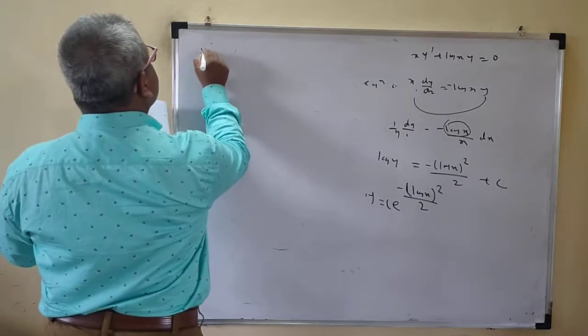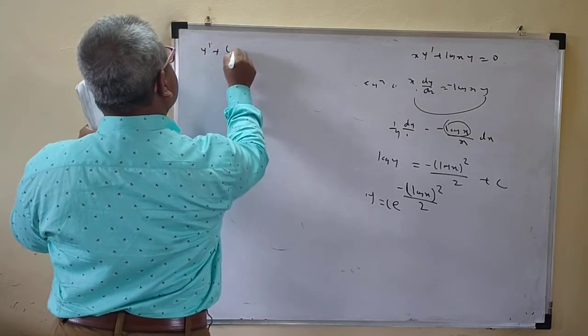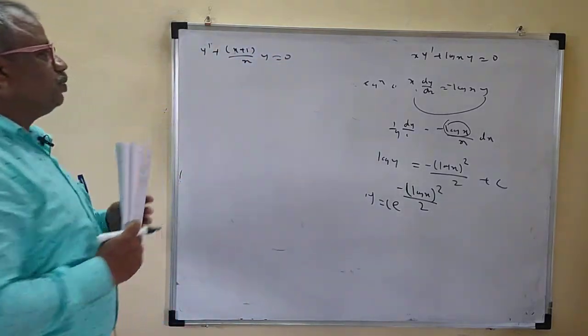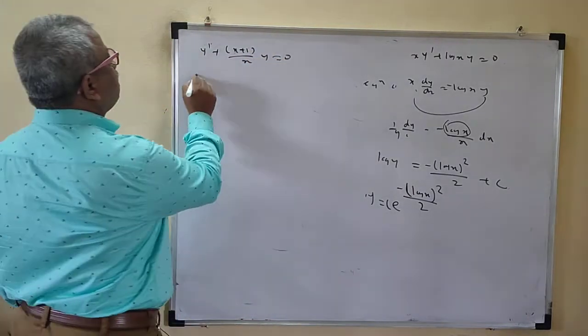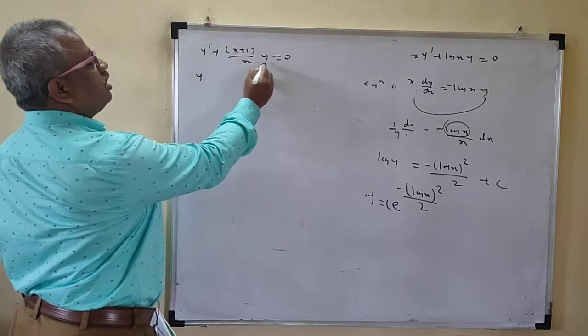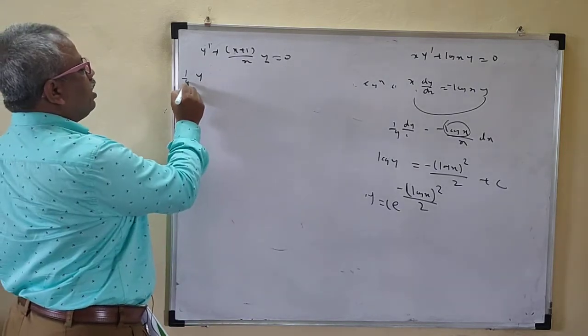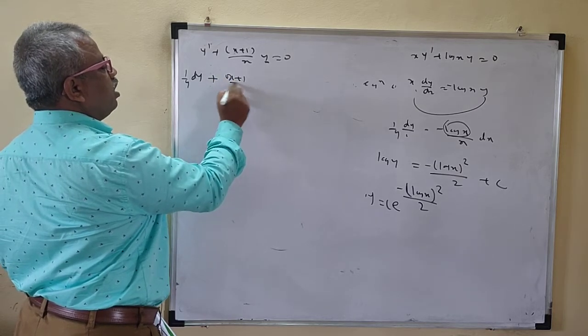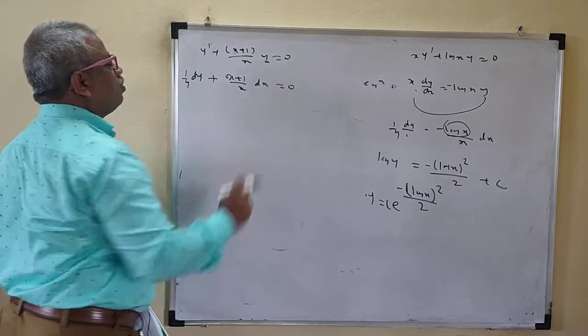Suppose we have this equation y prime plus x plus 1 upon x times y is equal to 0. Y prime is dy by dx. You can shift this y here, so this is dy upon y plus x plus 1 upon x dx is equal to 0.